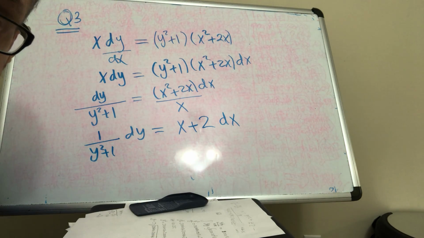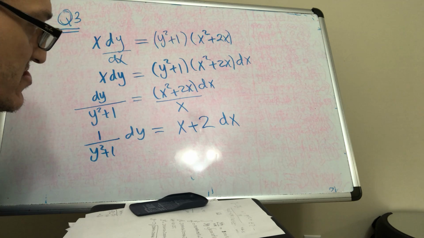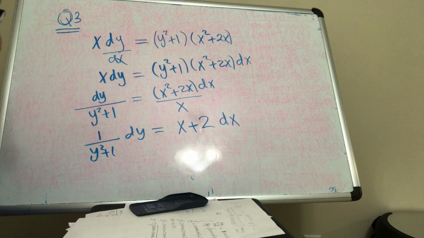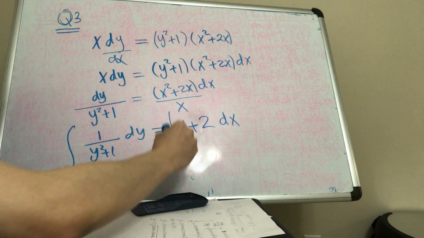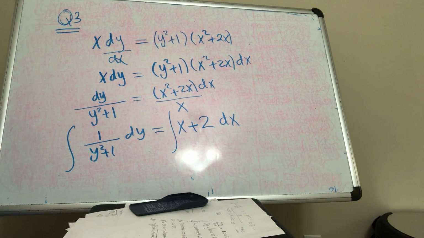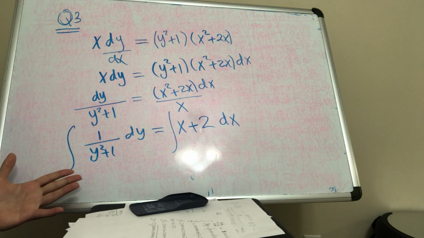Now, when you get to this point, the idea here is to see if you can integrate both sides. So you integrate both sides of the equation. You need to be familiar with the integration rules.